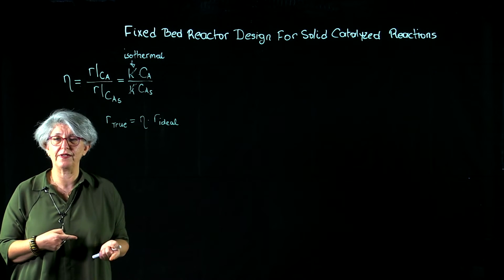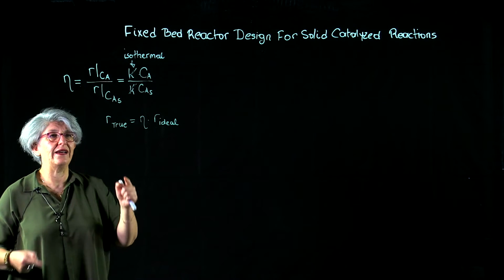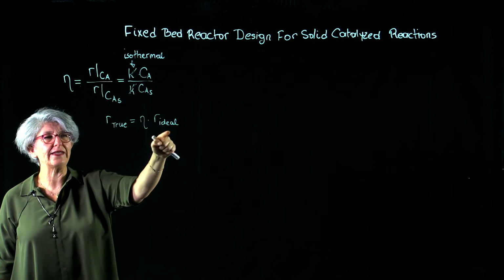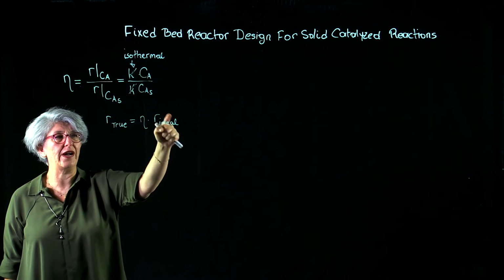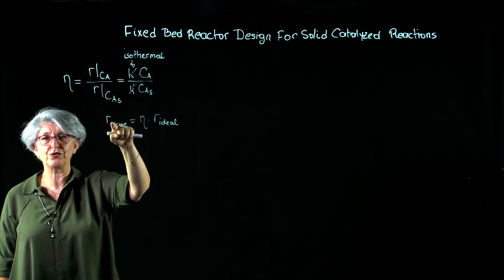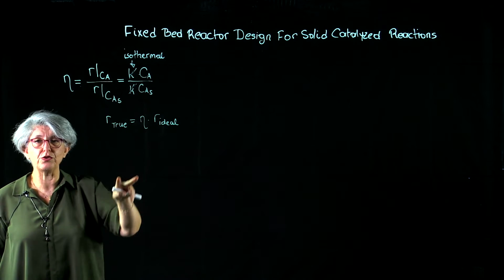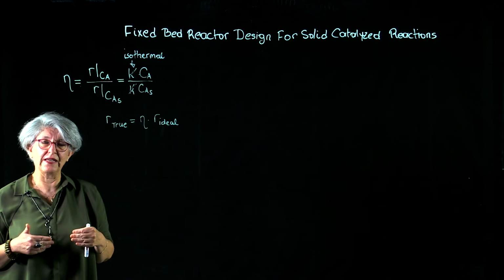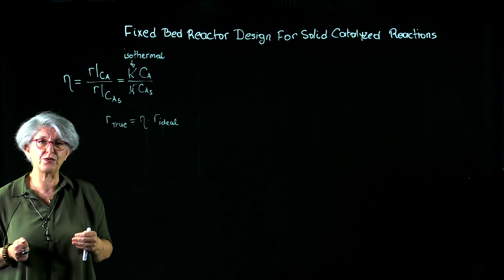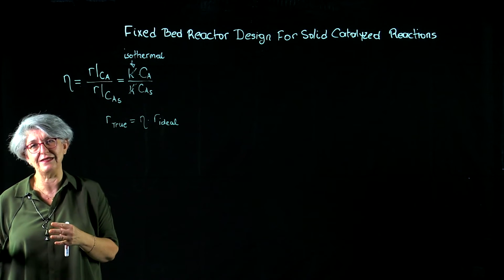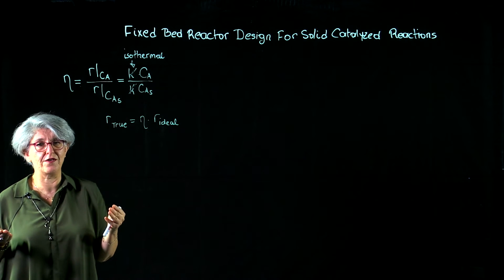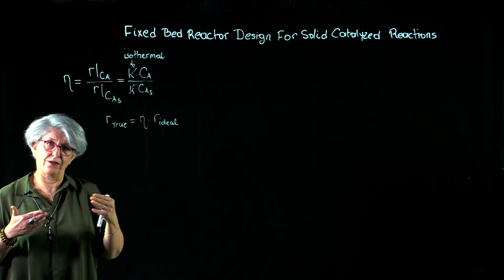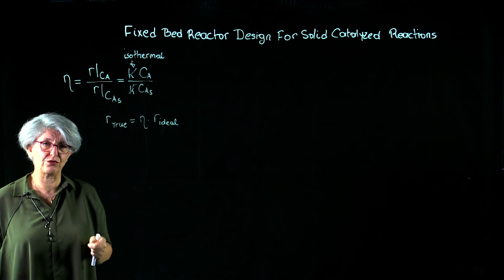You determine your effectiveness factor, and then you obtain a simplified scaled relationship between your idealized rate and your true rate. And between those two, you can just take this true rate, substitute it in the design equation of your reactor, and solve for your reactor volume, your residence time, or any other problem that you intend to solve.